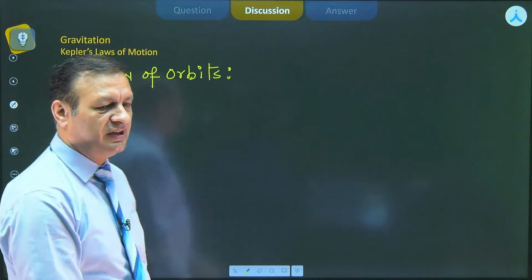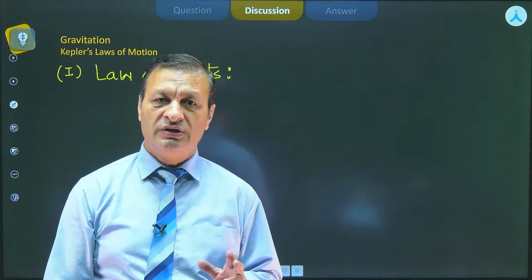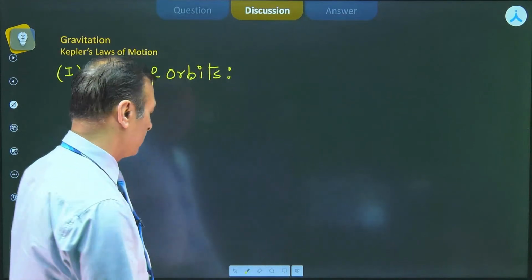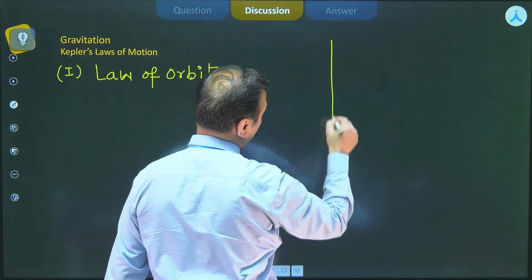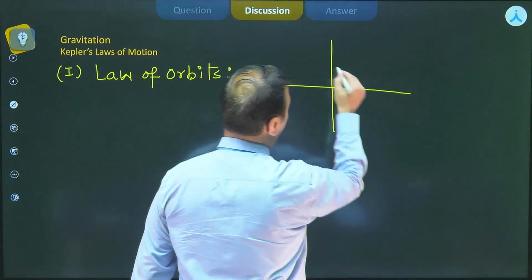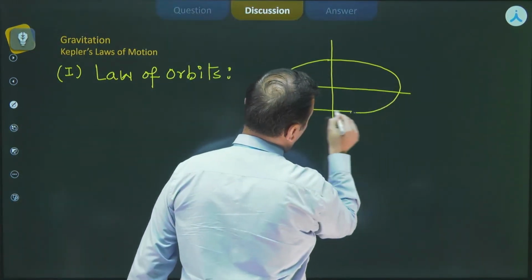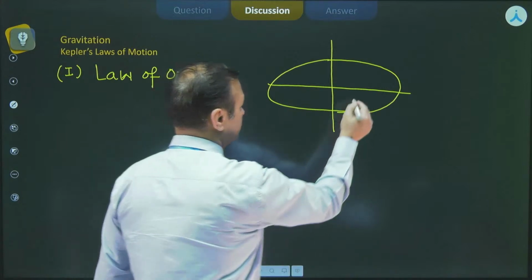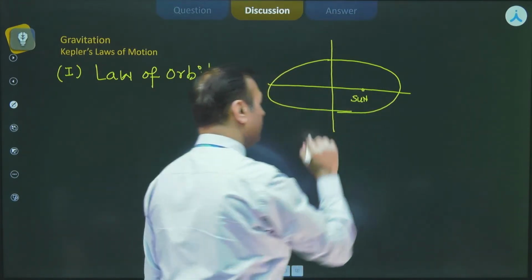So the law of orbits says all the planets revolve around the sun in elliptical orbit. When you talk about elliptical orbits, let's understand. So this is your ellipse, and the sun is at one of the focuses.